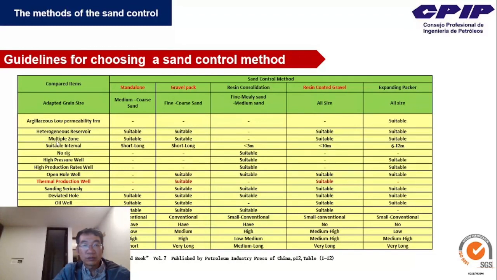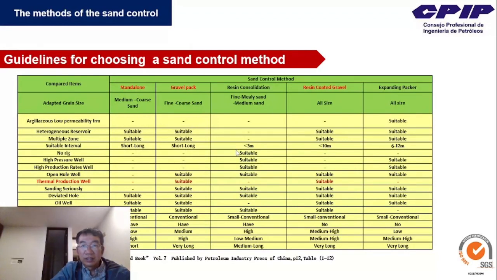And multiple zone: the standalone is suitable, gravel packer is suitable, resin-coated gravel is suitable, and the expanding packer is suitable. And suitable interval: standalone needs short and long, gravel packer is short and long, resin consolidation is below 3 meter, resin-coated gravel is below 10 meter, and expanding packer is between 6 and 12 meter.